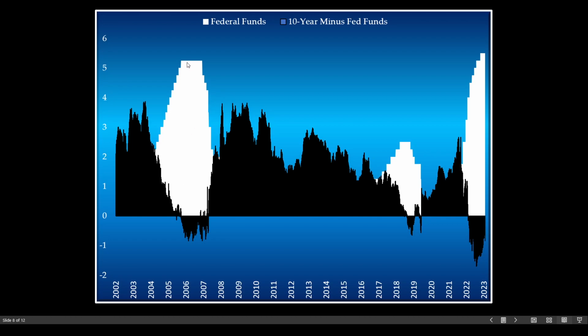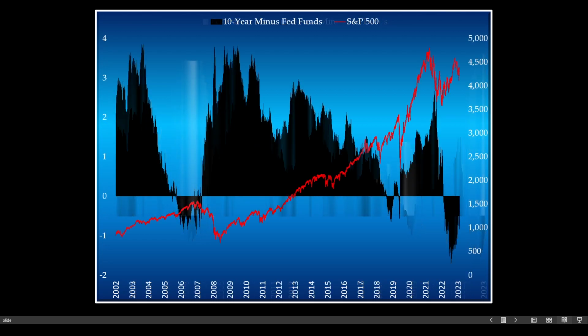This really shows us the very hot markets, and that shows us the inverted spread when the federal funds rate was above the 10-year bond, and we know how 2008 ended. This occurred again in 2018, 2019, and then, of course, where we are here. It just shows us again the severity of the inversion of the spread between the 10-year bond and federal funds rate.